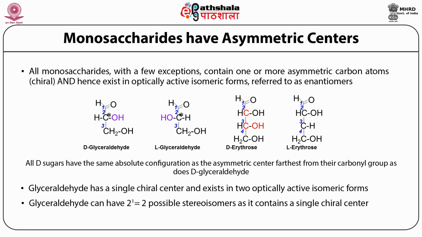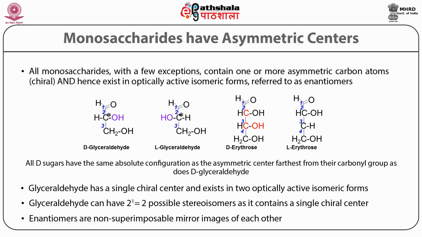So basically, enantiomers are those compounds that are mirror images of each other. They are isomers, but they are mirror images of each other, and these mirror images are non-superimposable. So enantiomers are basically optically active compounds that are mirror images of each other, which are non-superimposable.